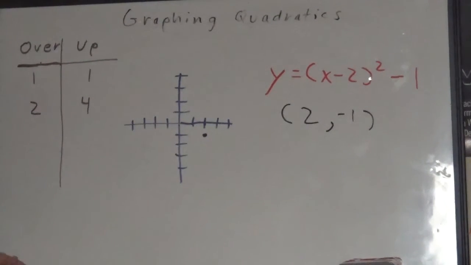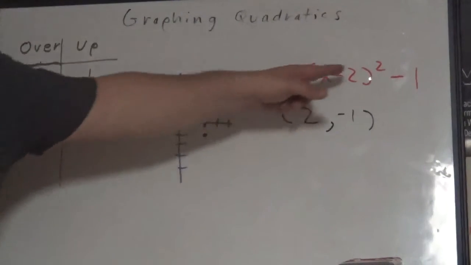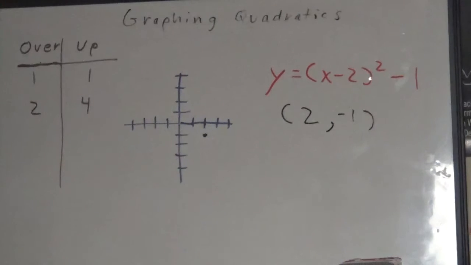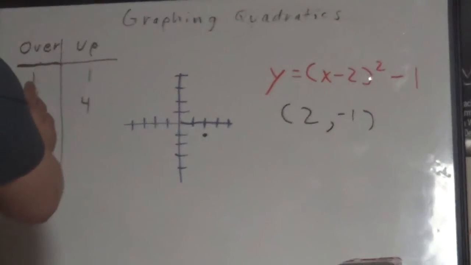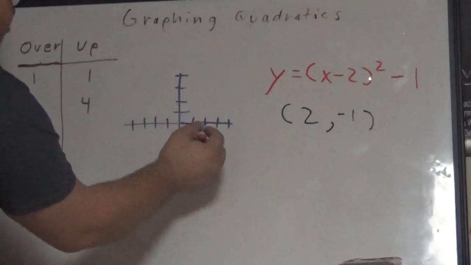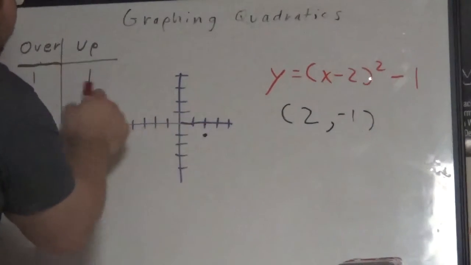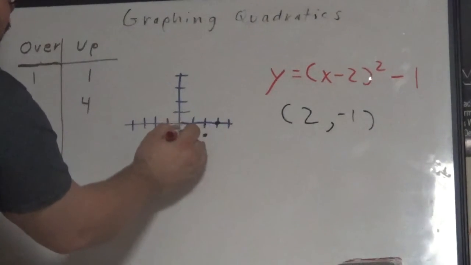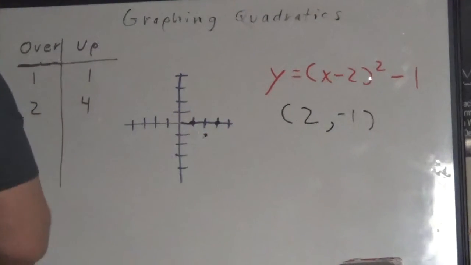That's one way that you can remember, and that's because it's a quadratic, so it has the square in it. So from the vertex, on each side, I'm going to go over 1 and up 1, over 1, up 1, on both sides.